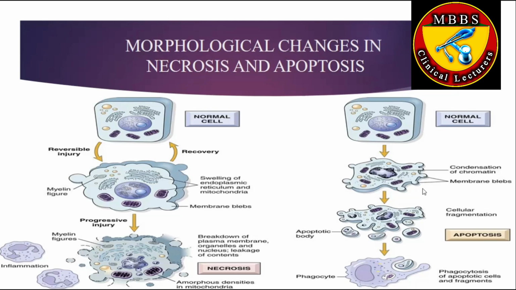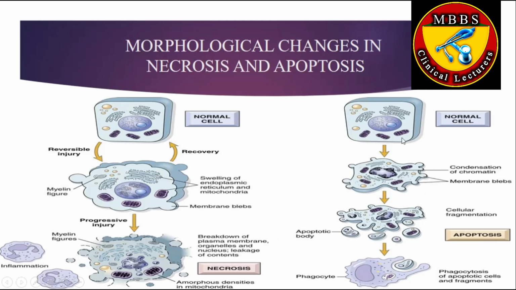The left-hand side picture shows the changes in necrosis, that is, swelling of the endoplasmic reticulum and the mitochondria, and the formation of myelin figures, membrane blebs, breakdown of the plasma membrane, organelles and nucleus, and leakage of the contents, and obviously there is a recruitment of inflammatory cells and the nuclear changes.